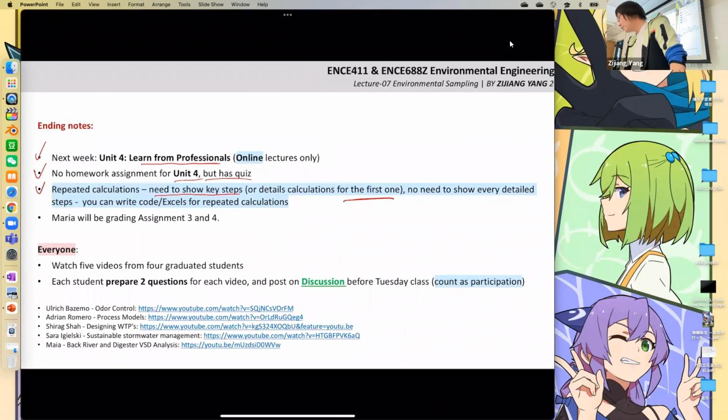You don't have to show every detailed step. It is okay if you write code or use Excel to help you do the calculation. I think this can save some time. Also, Maria will be grading assignments 3 and 4, so if you have any specific questions, you can ask Maria.